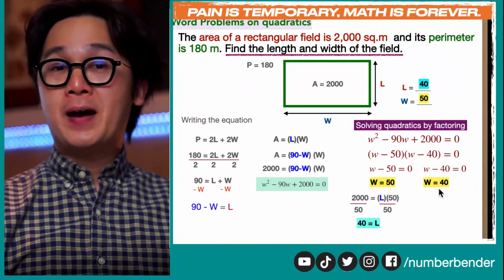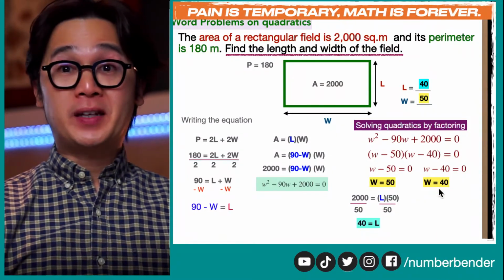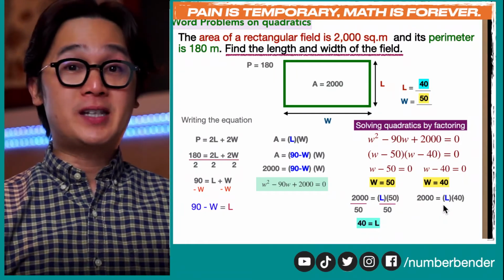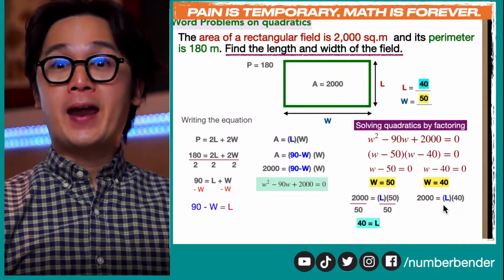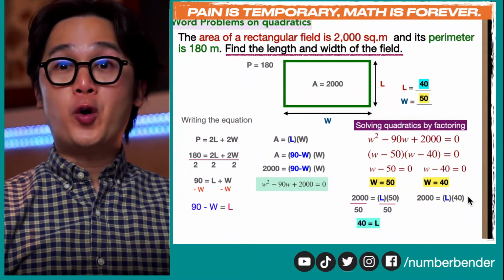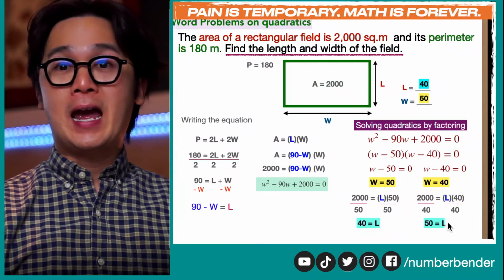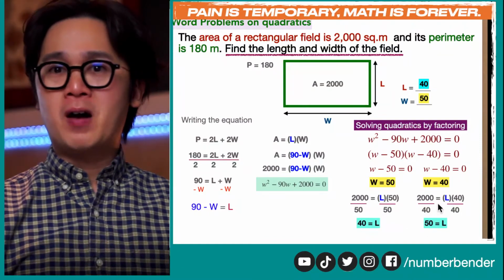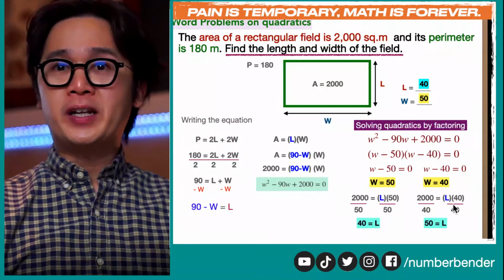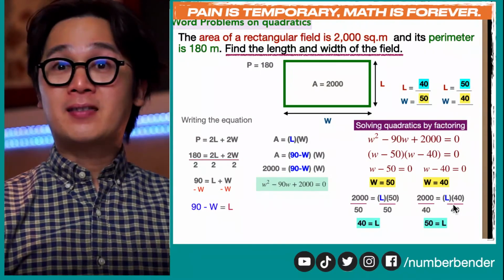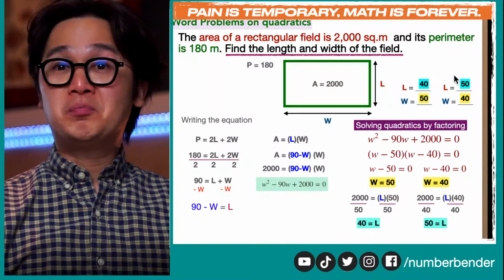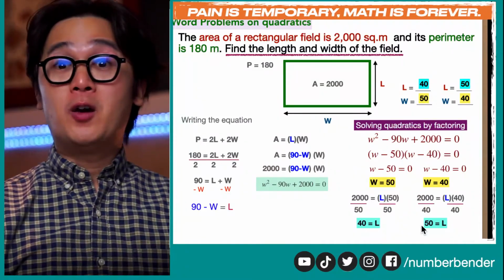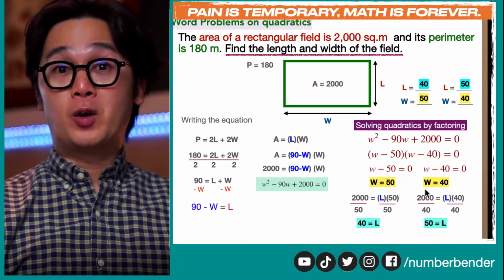Now, what about the other W? So let's try it out when W is equal to 40. I'm using the same formula for the area, and I will replace W with 40, divide both sides by 40, and I've noticed that it's just switching. So if my W is 40, my length is going to be 50, which is basically switching our L and W around with these two possible values of our width.